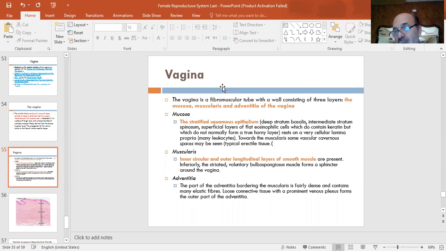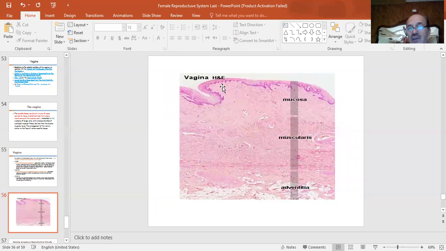Underneath that, as usual, we have some connective tissue. And then we have the muscularis layer, inner circular, outer longitudinal smooth muscle, with some striated muscle, the bulbospongiosus muscle, which forms a sort of sphincter around the vagina. And then the adventitia, which is a type of connective tissue. You can see these structures within this section.